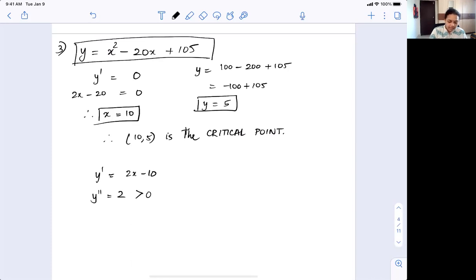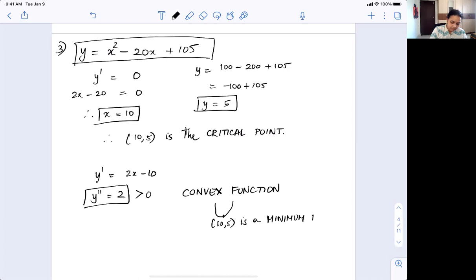And 2 is always greater than 0, regardless of the value of x. So the second derivative is positive throughout, and this is a convex function. In fact, this is a U-shaped convex function, and this particular point, 10, 5, is a minimum. And how do I know it's a minimum? Because my second derivative is positive.